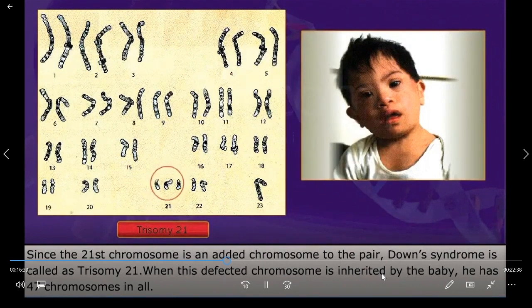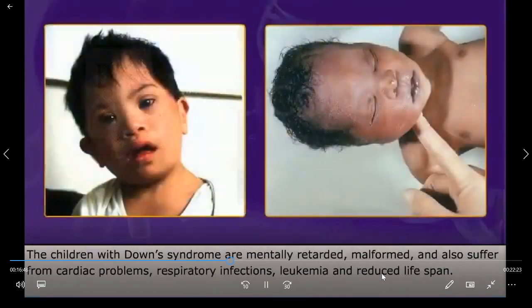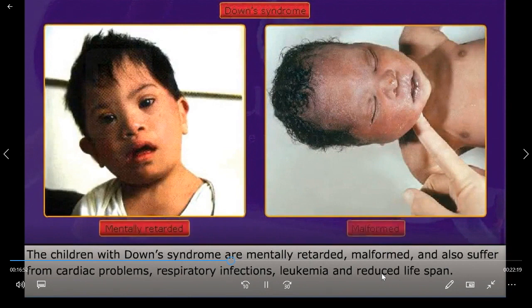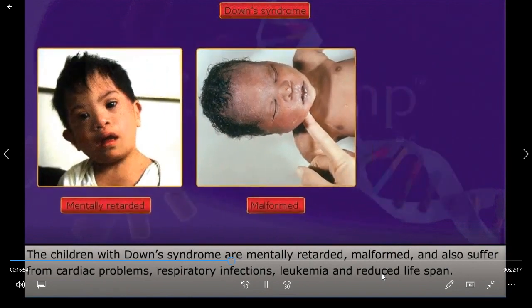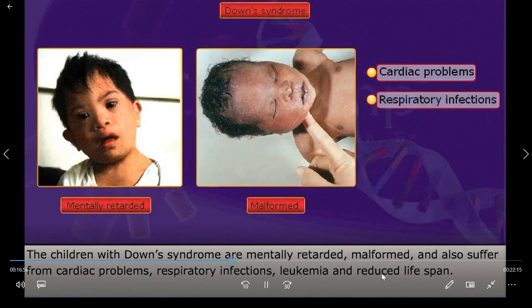When this defective chromosome is inherited by the baby, he has 47 chromosomes in all. The children with Down syndrome are mentally retarded, malformed, and also suffer from cardiac problems, respiratory infections, leukemia, and reduced lifespan.